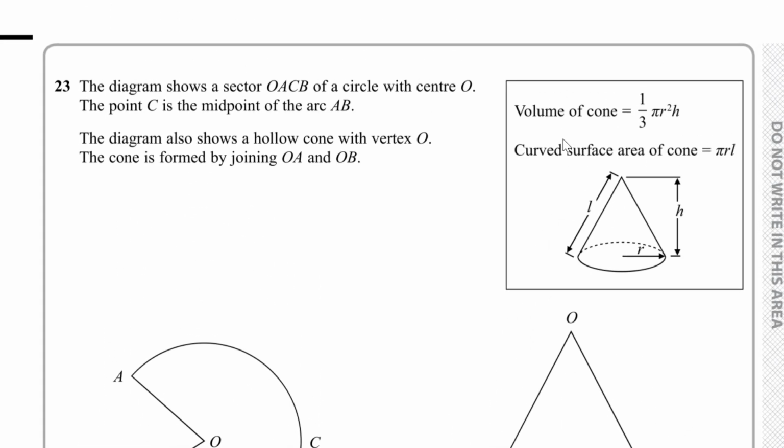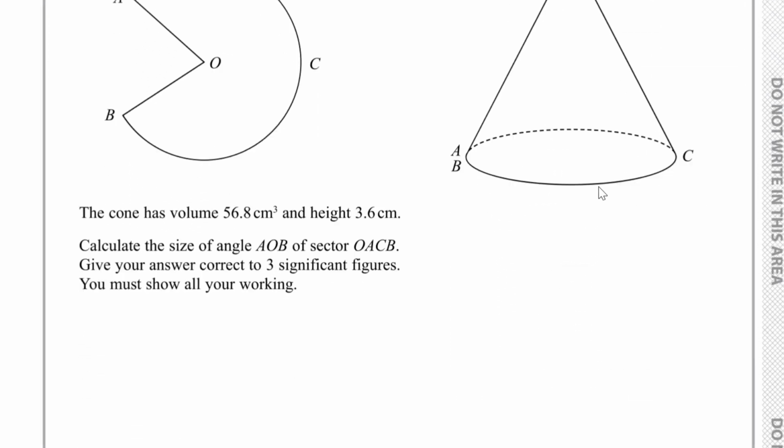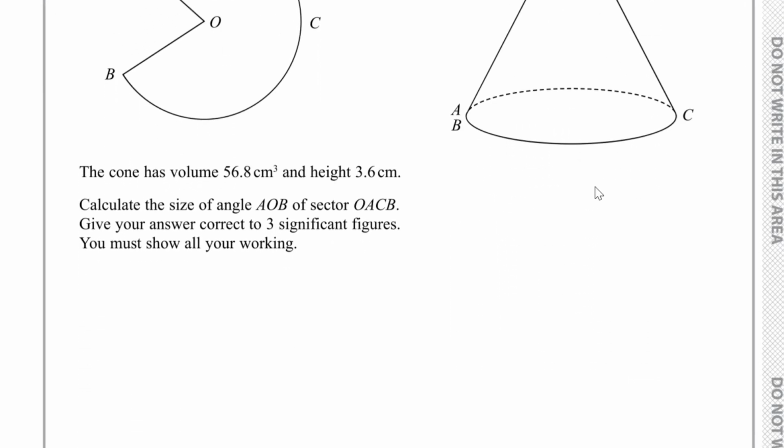And we've been given the formula for the volume of a cone and the curved surface area of a cone. The cone has volume 56.8 centimeters cubed and a height of 3.6 centimeters, and we have to calculate the size of the angle AOB of the sector OACB. Give your answer correct to 3 significant figures.